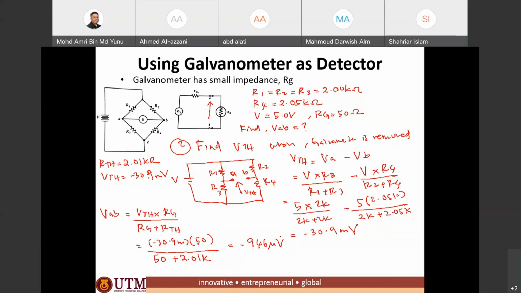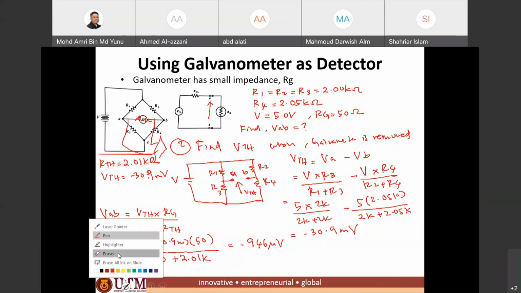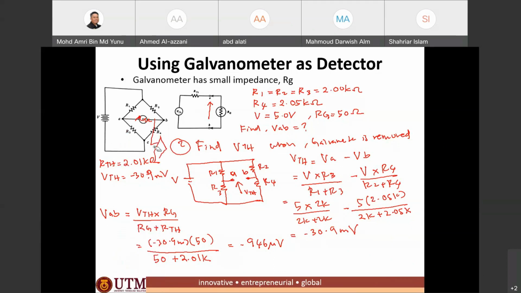But if we use something else like the differential amplifier, remember differential amplifier, we don't use the galvanometer, but we use the differential amplifier, for example, here. Let's say we use a differential amplifier.